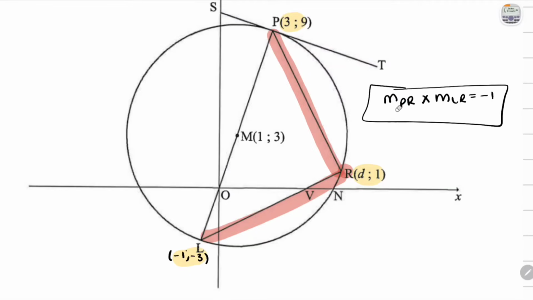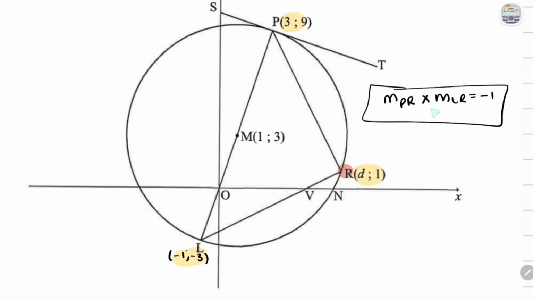So we're going to go ahead and formulate expressions to find the gradient of PR and the gradient of LR. Because you see PR, it's going to be in terms of D. But the gradient of LR is also going to be in terms of D, but that is perfectly fine because they're both just going to be in terms of D. And then it's equal to -1, and then that gives you an equation in terms of D that can help you to solve for D. So that's really what we're going to do here.